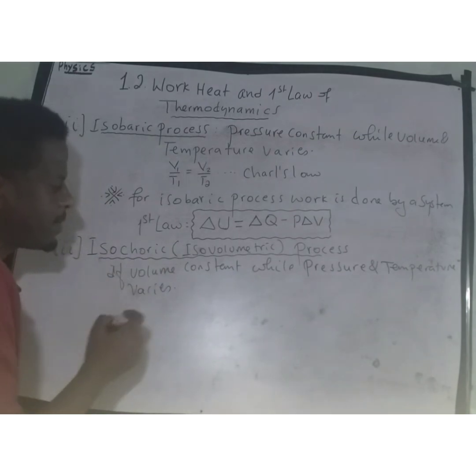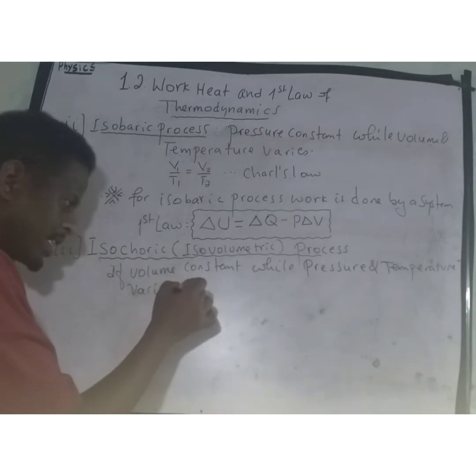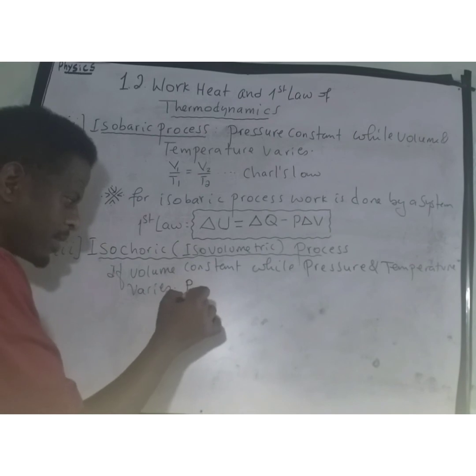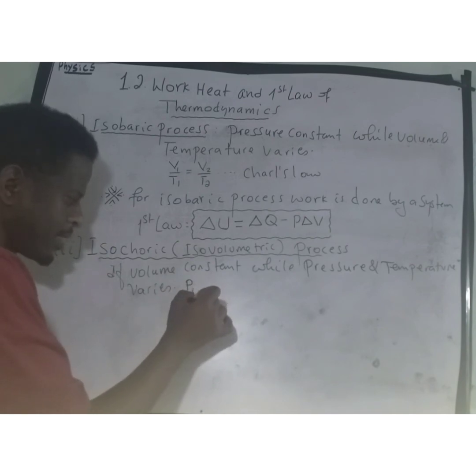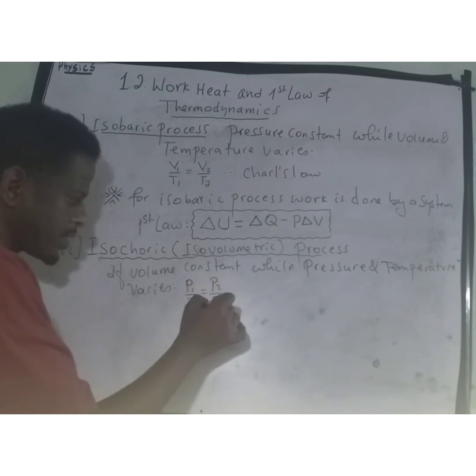These were studied by Gay-Lussac's law as follows: P1 over T1 equals P2 over T2.